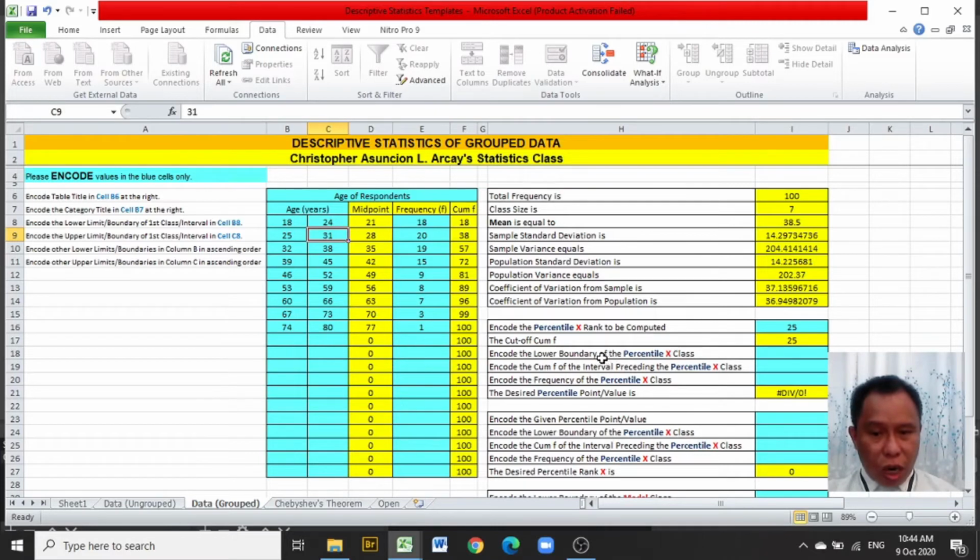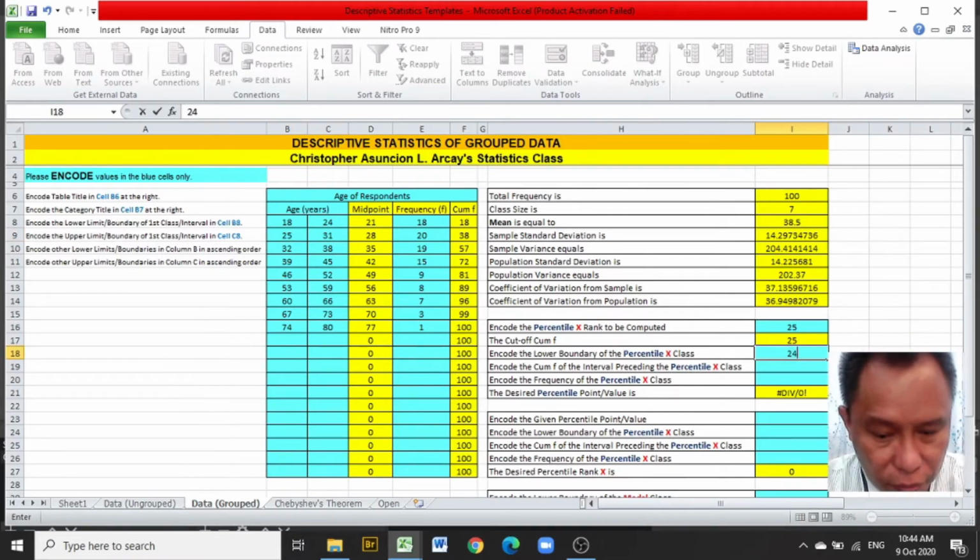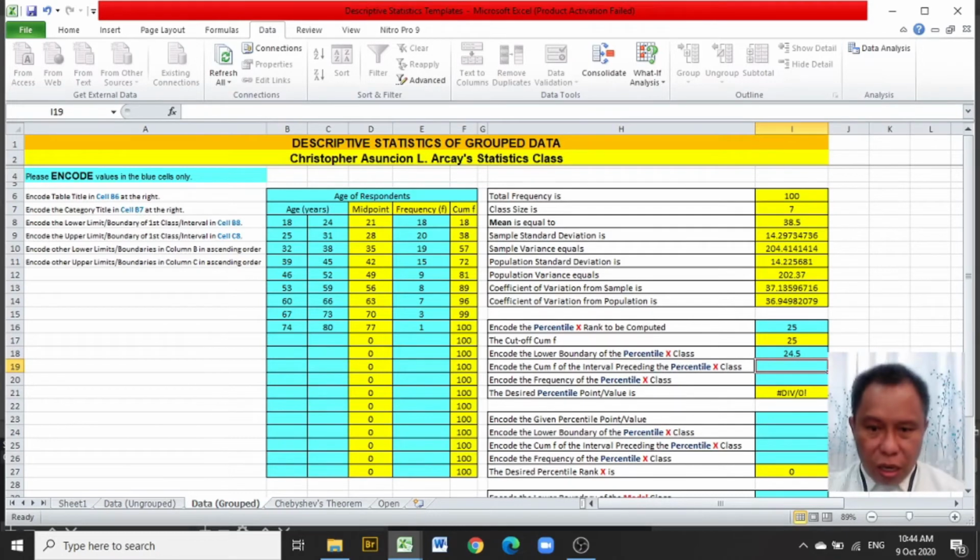To encode the lower boundary of the quartile 1 or percentile 25 class, since the class is 25 to 31, its lower boundary is 24.5, since 0.5 is subtracted from the lower limit. So 25 minus 0.5 is 24.5.